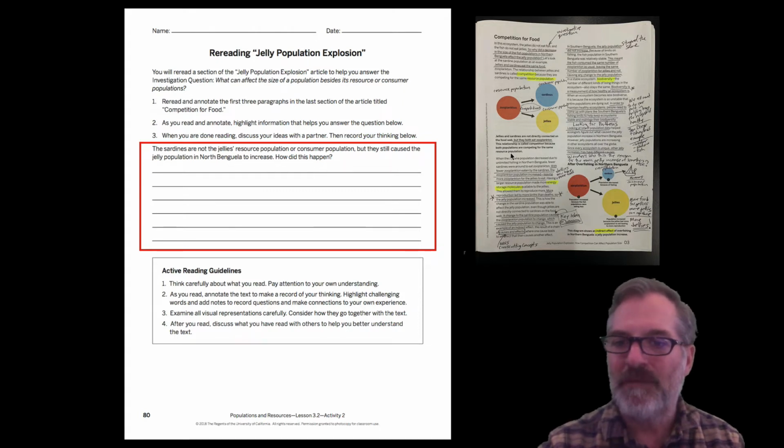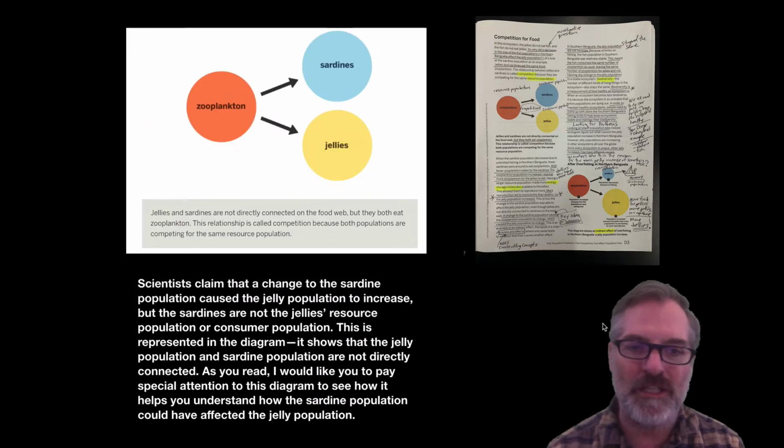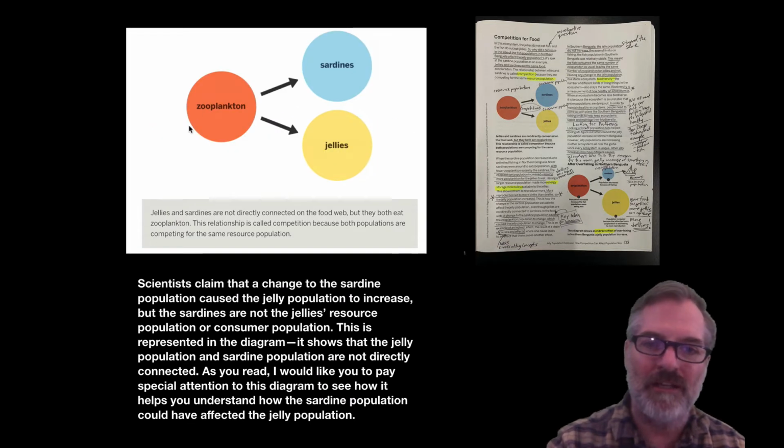So you're going to go ahead and go to the last page, which is D3. Right up here, it's titled Competition for Food, and there's 3 paragraphs. As you're thinking about that question, I want you to really be looking at this detailed diagram here. You've got your zooplankton, your sardines, your jellies. Remember, these are consumer populations. This is the resource population, right?